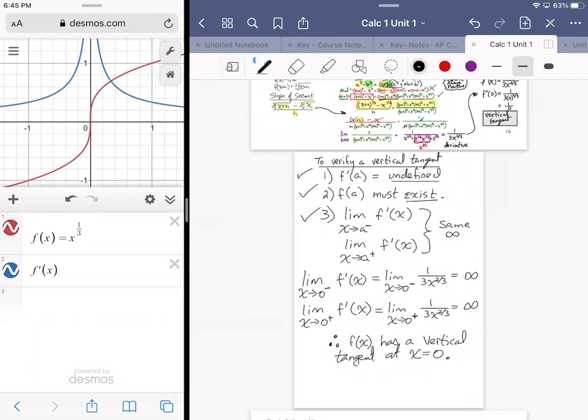Why is the condition undefined? Because in order to be vertical, if you think about an ordinary slope from algebra 1, you had a positive slope, a negative slope, a 0 slope, and then no slope. No slope is the case where the fraction, change in y over change in x, was undefined.